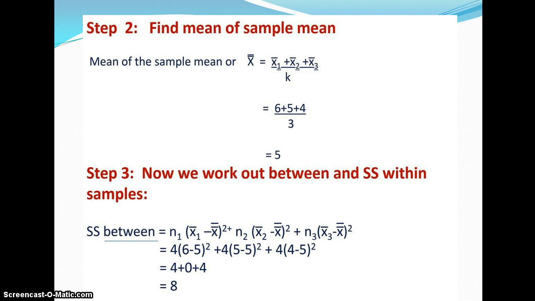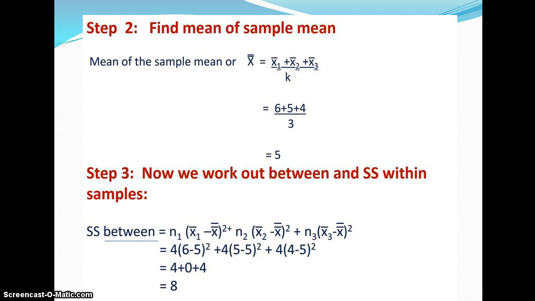In the third step, now we calculate the variation between the sample means and within the samples. We first calculate the sum of squares between the samples.